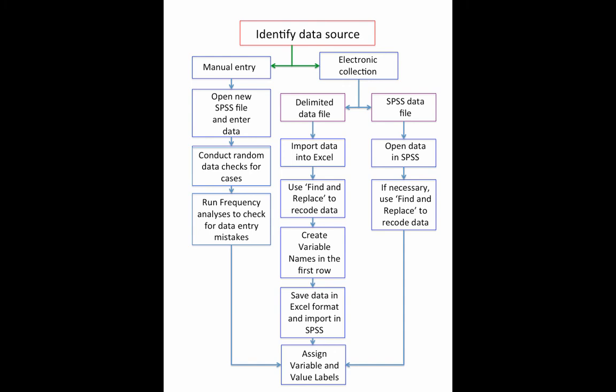The first thing, and again, this is sort of an if necessary, is to use a find and replace option in order to recode the data. Now, in terms of reverse coding, that's best suited for SPSS.